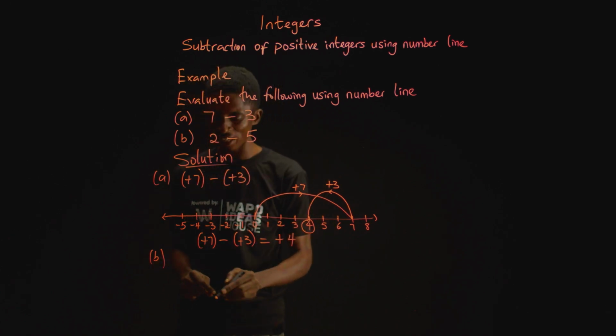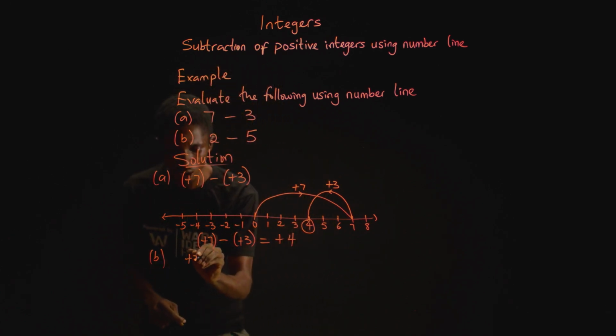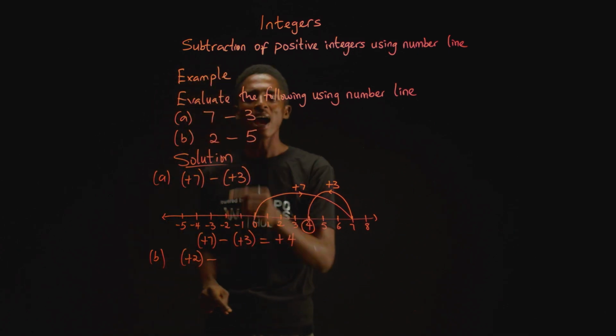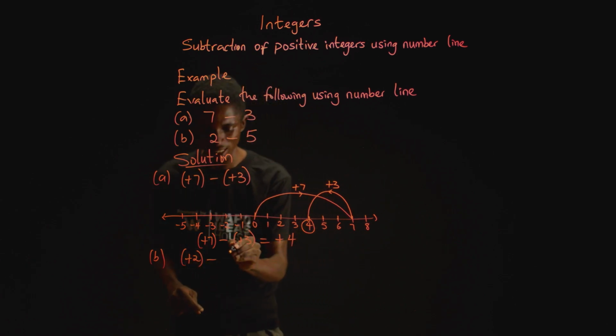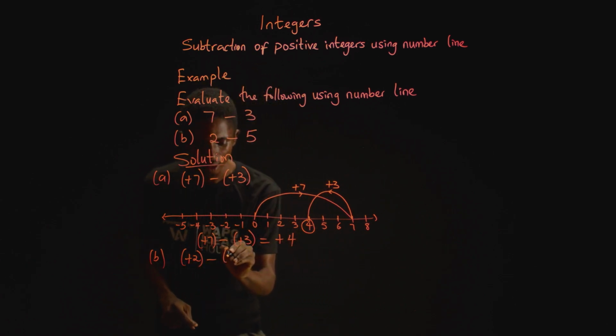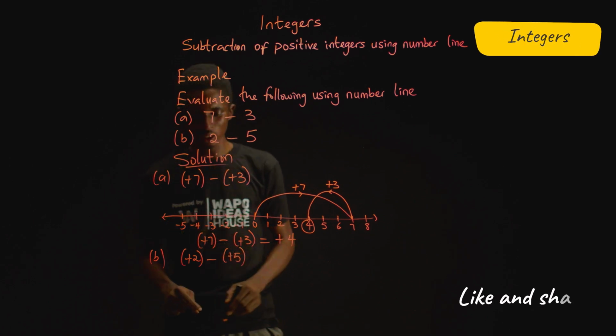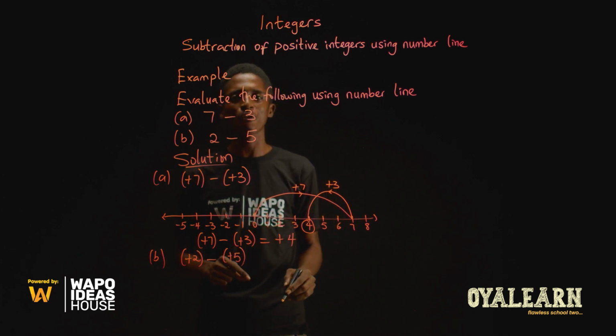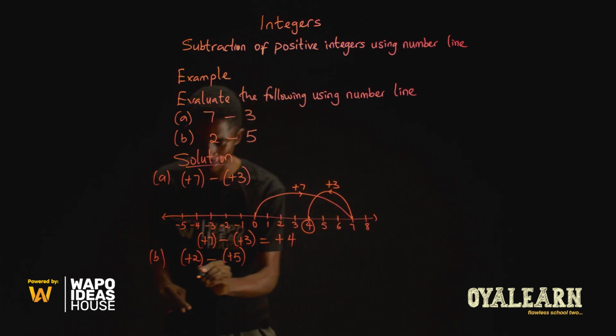Good. Now let us try the second one where we have 2 minus 5. 2 is a positive integer, that is plus 2 minus 5, which is another positive integer, that is plus 5 minus plus 5. Now that we've written it in integer form, let us draw our number line.